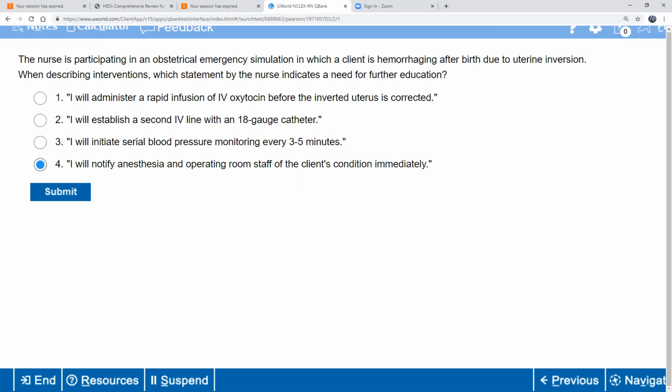What would she notify? And notifying staff of the client's condition immediately. I think it may be the oxytocin, but that's just a guess on my part. But I will administer a rapid infusion of oxytocin before the uterus is corrected. So what is the inverted uterus? It kind of flips the opposite way of what it's supposed to be. And it's usually accompanied by hemorrhaging and shock. Okay, so, yeah. Life-threatening emergency.